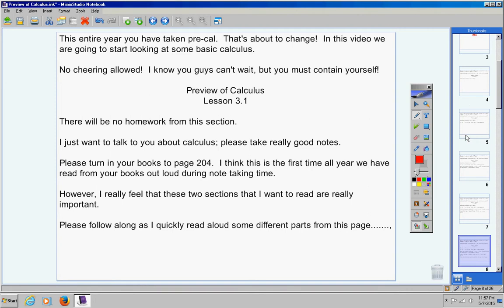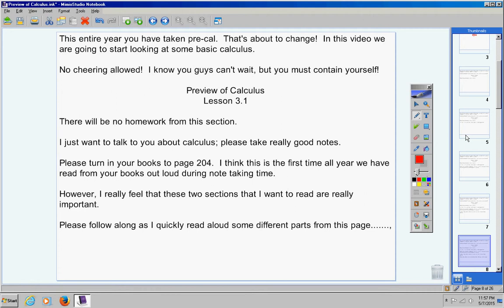Okay, here we go. If you look at the top of page 204, you will see three red words, and they say, "What is calculus?" I want to read that first paragraph. Calculus is the mathematics of change, velocities, and accelerations.